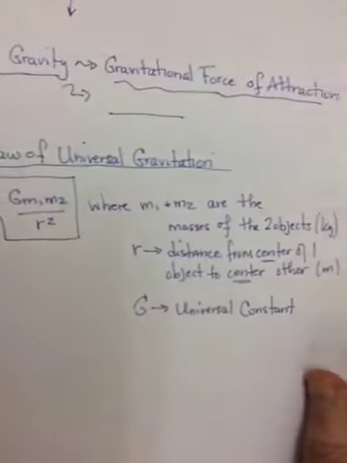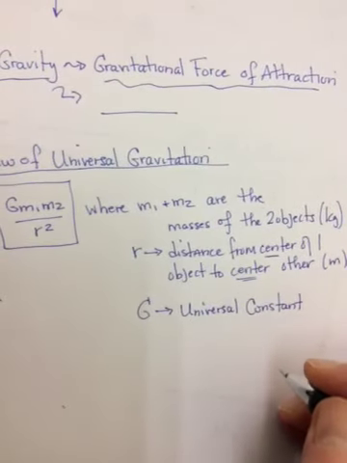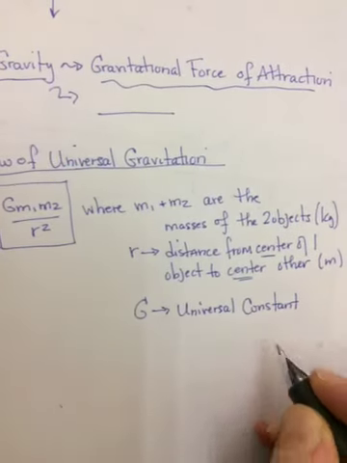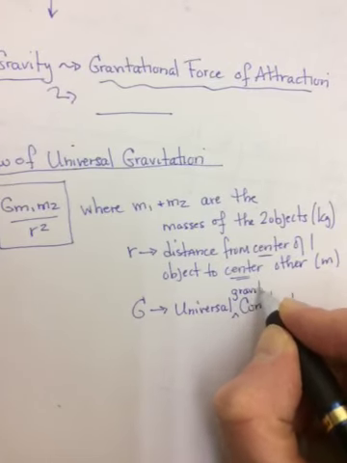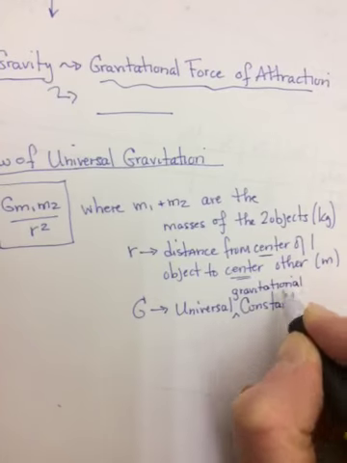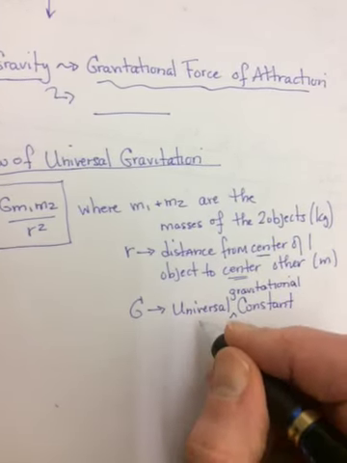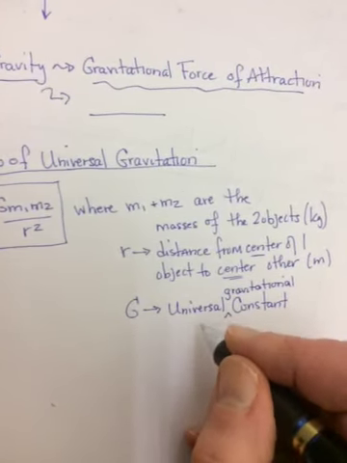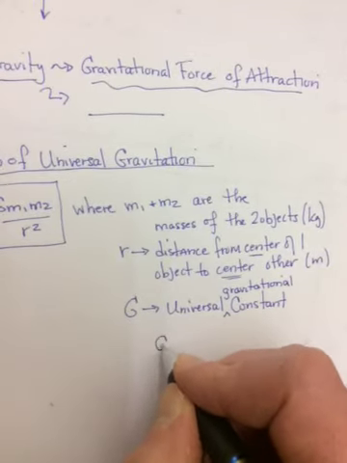And G is a universal constant. It's called the universal gravitational constant. And universal means it is the same everywhere, whether you're on the surface of the Earth, in the International Space Station, on the surface of the Moon, on your way to Jupiter, no matter where you are, this value does not change.